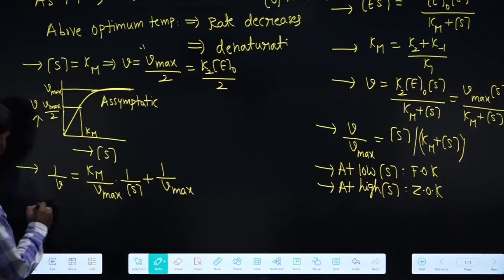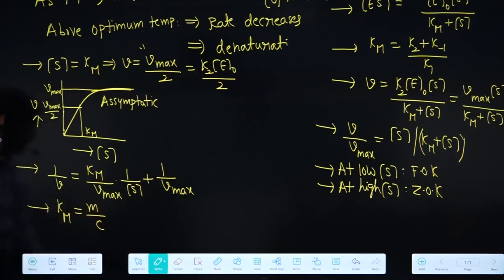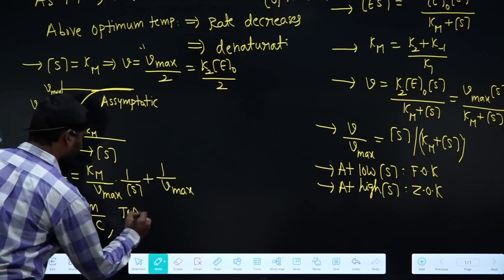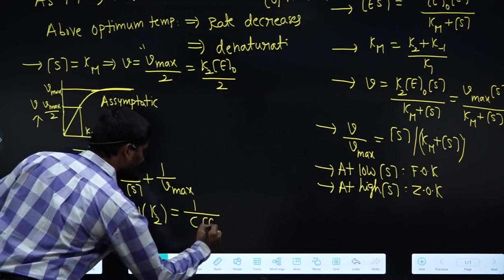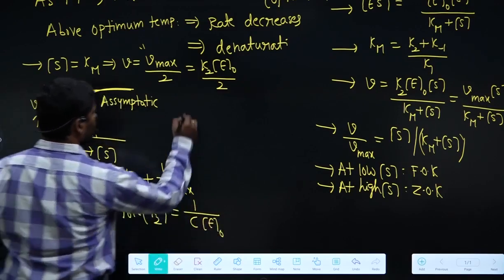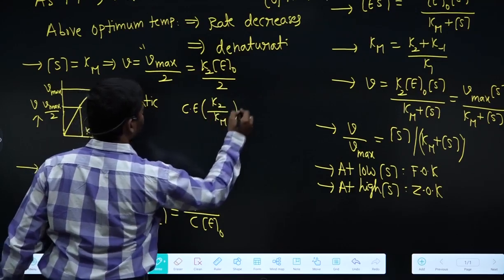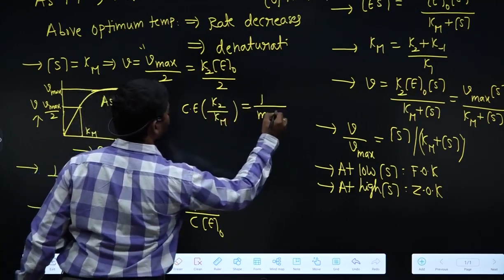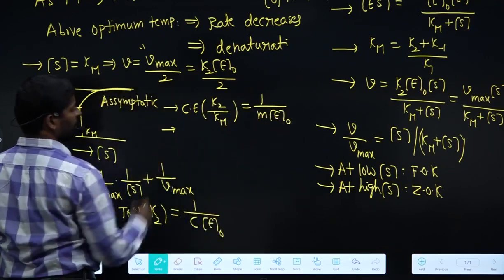From this, Km, Michaelis-Menten constant, is nothing but slope by intercept. Turnover number K2 is 1 by intercept into E naught. Catalytic efficiency K2 by Km is 1 by slope into E naught.